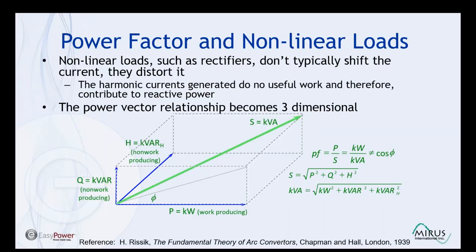Now our apparent power is the vector sum of all 3: the real power, inductive or capacitive reactive power, and distortion reactive power.